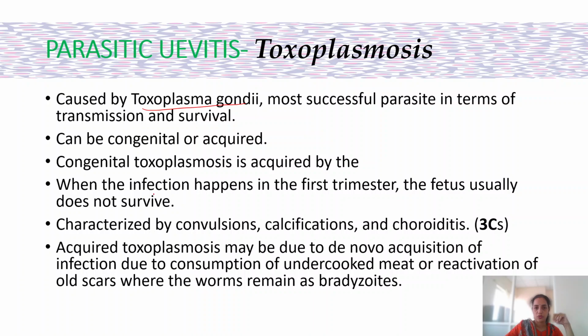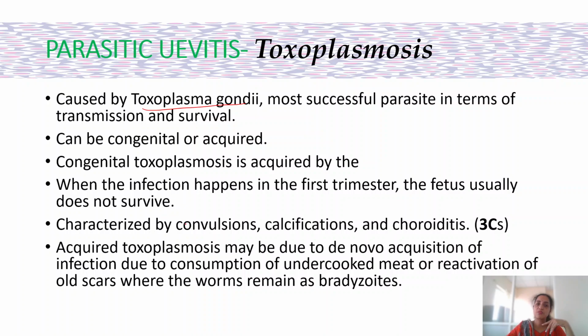Okay, so if the infection happens in the first trimester, then there is a loss of pregnancy. So whatever toxoplasmosis you see as congenital toxoplasmosis, you should understand that it's acquired during the second or the third trimester. Usually it's the second trimester of pregnancy.